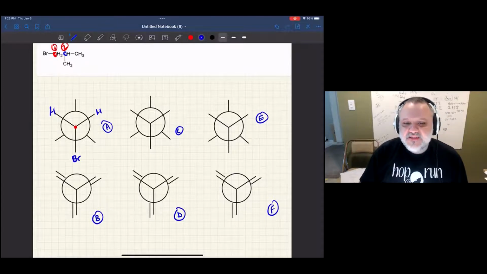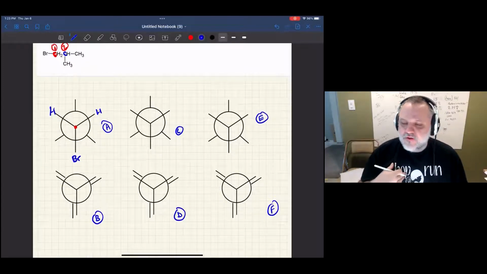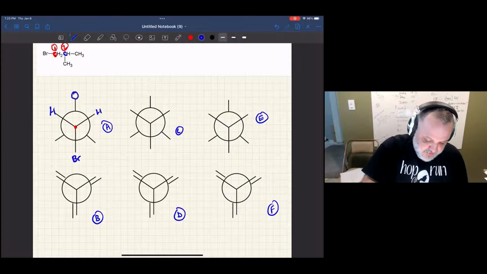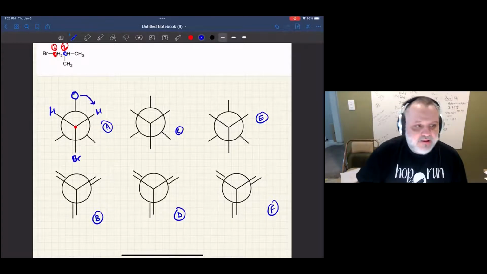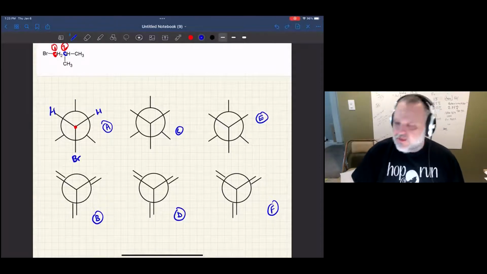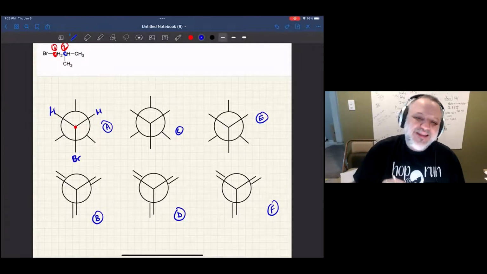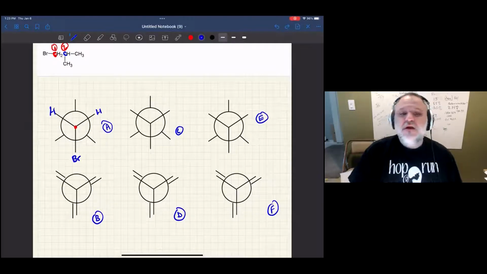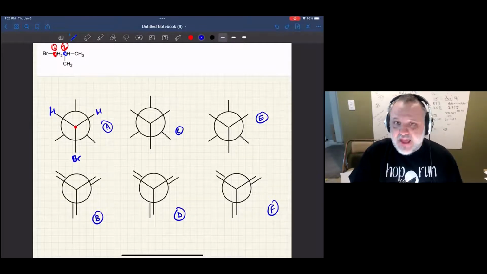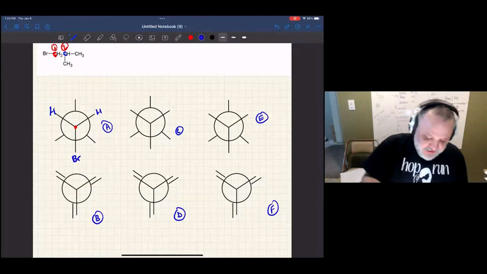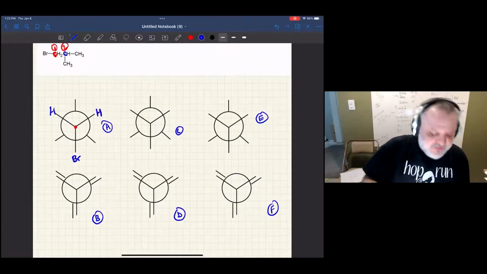Now, my preference is to rotate the back atom when I'm doing the rotation. You can choose either one, but the point is that when you pick the front or the back to do the rotation with, stay consistent with that choice.